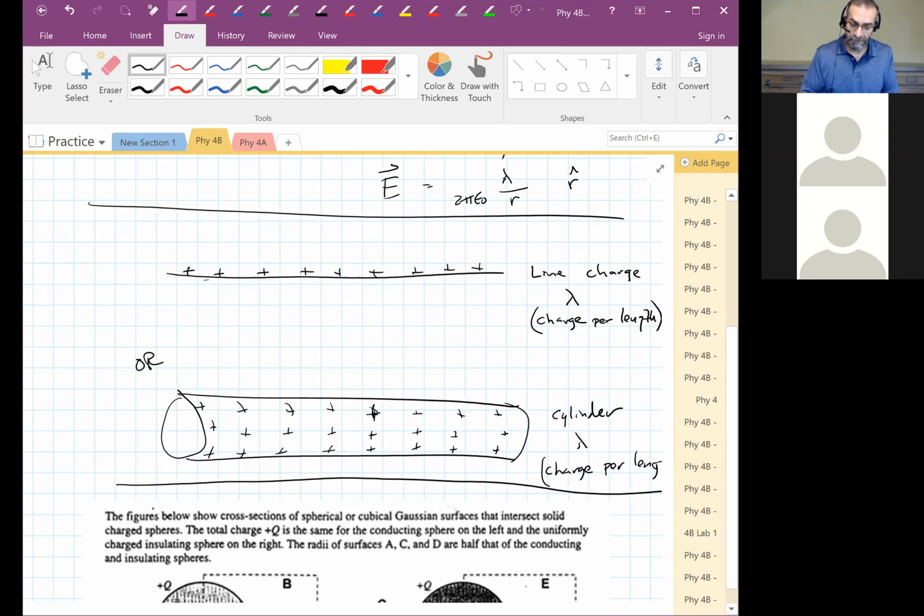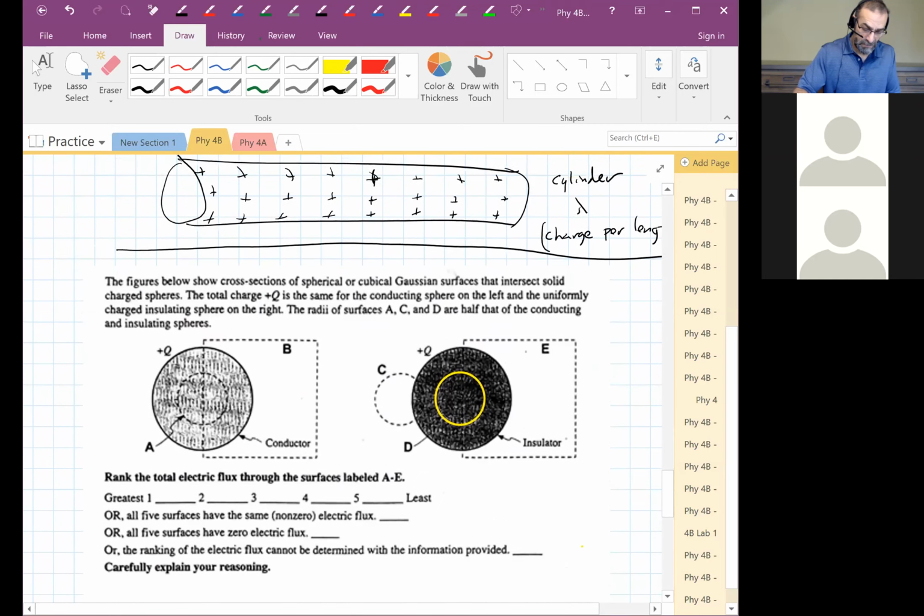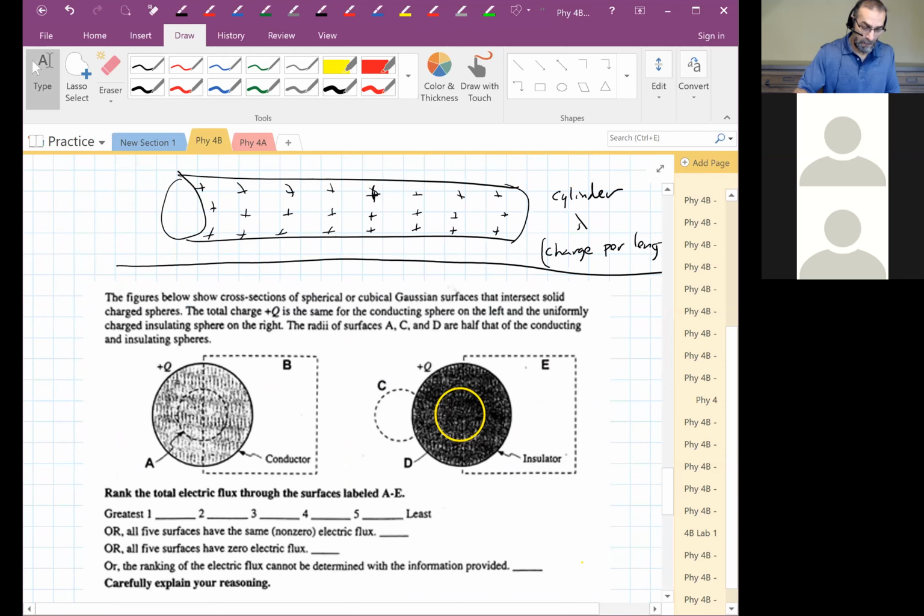Okay. Let's do this. Quick question here about flux. So what do we have here? We've got two spheres.